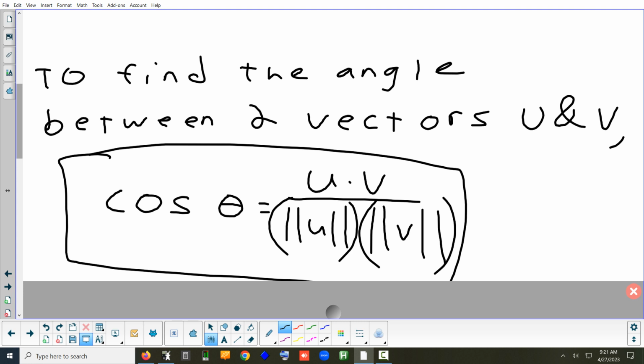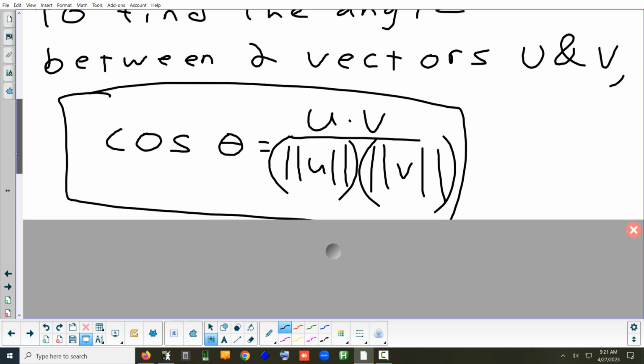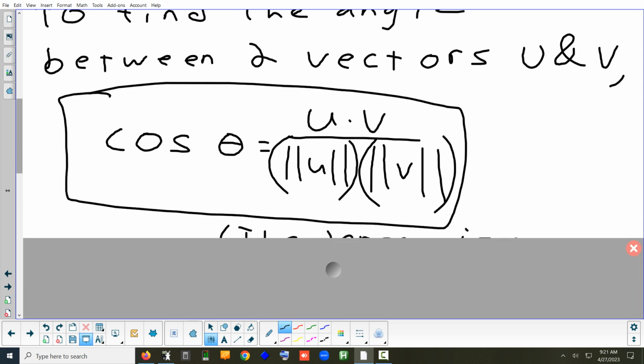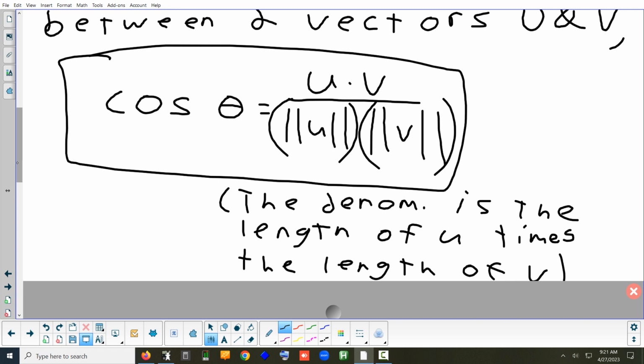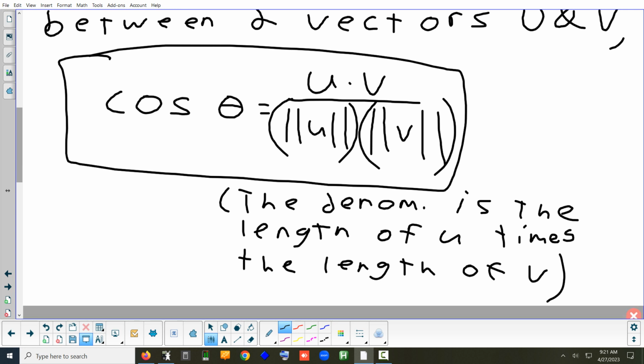So let's try the problem we just did with this formula. You probably already know this, but these two double bars mean magnitude. So the denominator is the length of u times the length of v. Let's try that one.